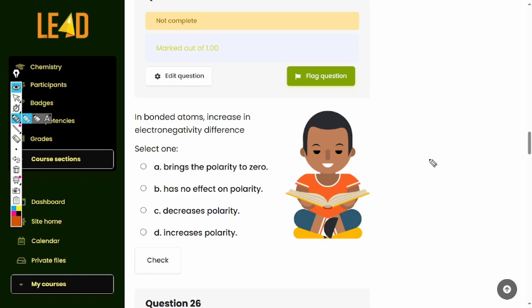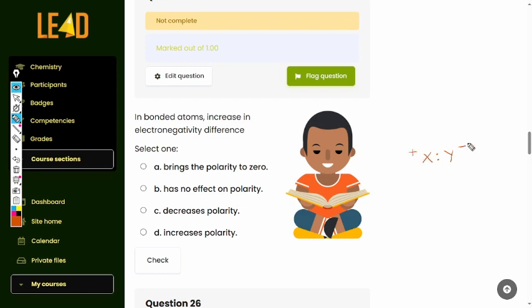So if we have X and Y coming together, the difference in electronegativity means that if the difference is very large, the sharing of this electron will not be equal. So the one that has a stronger grip on the electron would be the partial negative one, while the one that has a lesser grip will become the partial positive one.